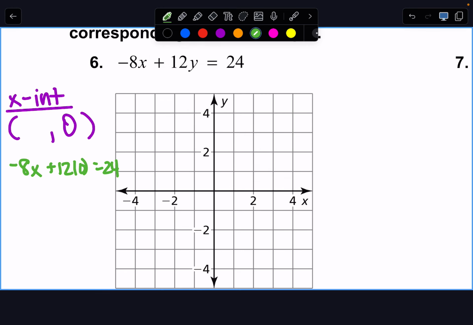Okay, so when we plug in 0 for y, we're left with -8x equals 24. What does that mean about our x-intercept? It is a negative. It's -3.